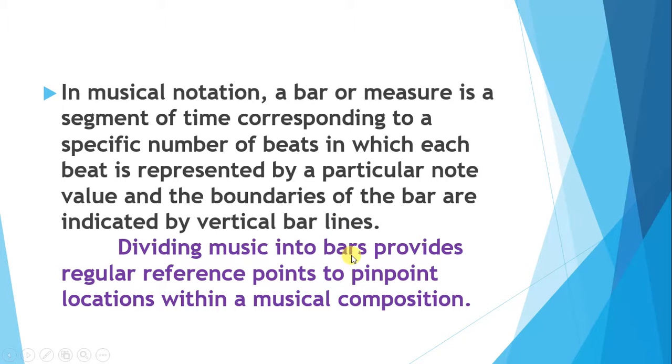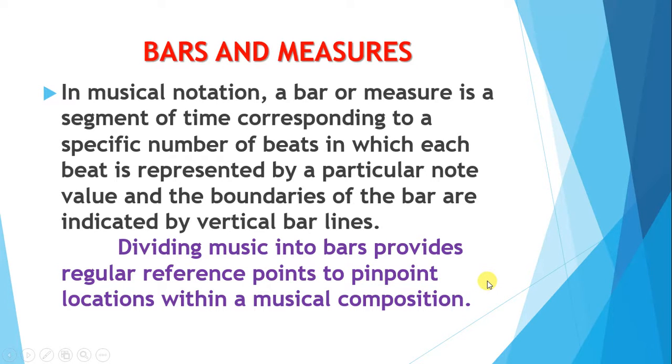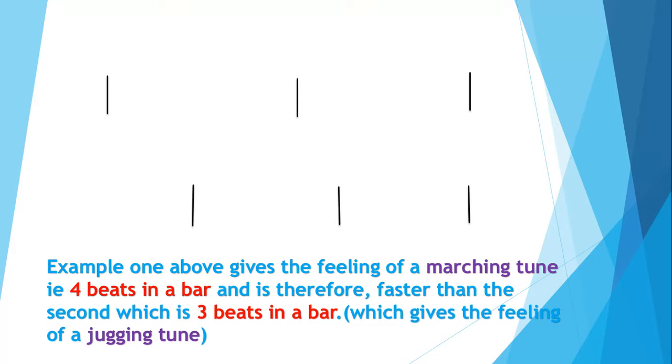Dividing music into bars provides regular reference points to pinpoint locations within a musical composition. Forget about the grammar they are telling us here, okay? I am going to gradually bring it down for us to understand. Let us begin.